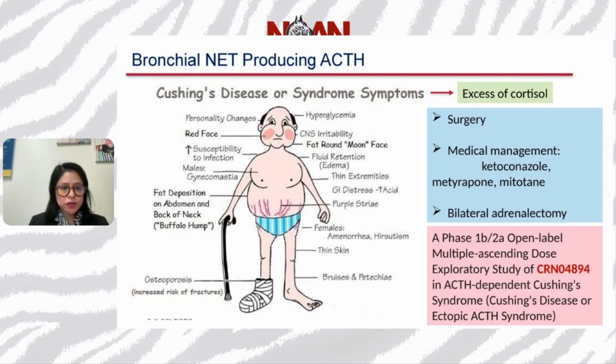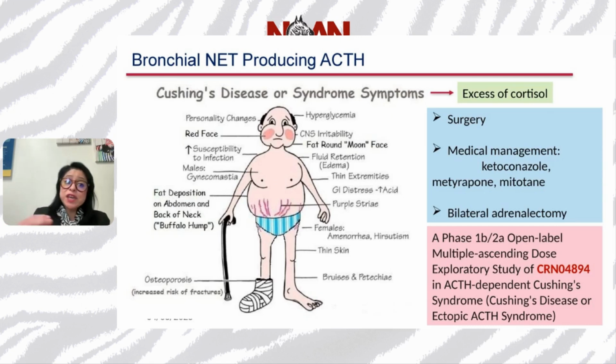So this excess of hormone can certainly cause a lot of symptoms, and it's important to inhibit these hormones. There is medical therapy that inhibits these excess hormones in patients that have neuroendocrine tumors that are slow growing.